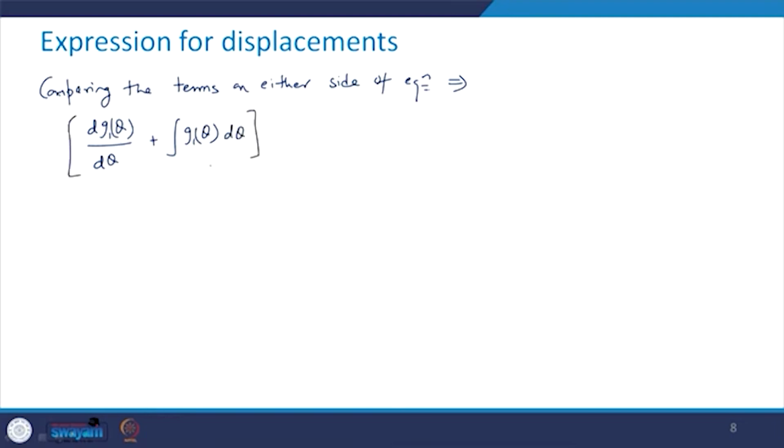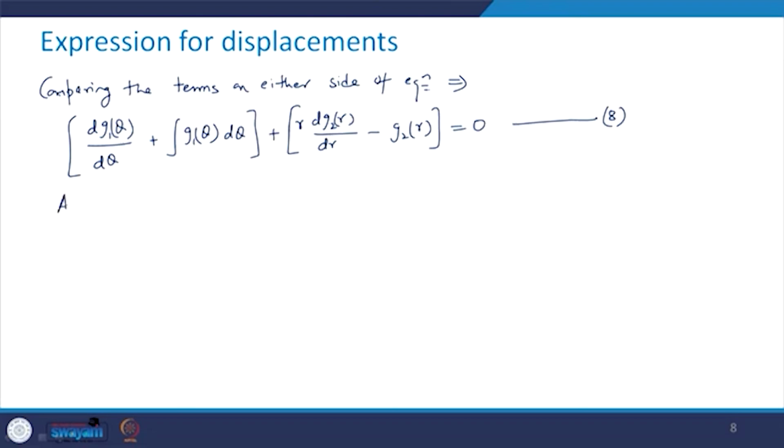I write the g1 theta term in one bracket and the g2r term in another bracket. So, that is r dg2r dr minus g2r, and this will be equal to 0. This is equation number 8.